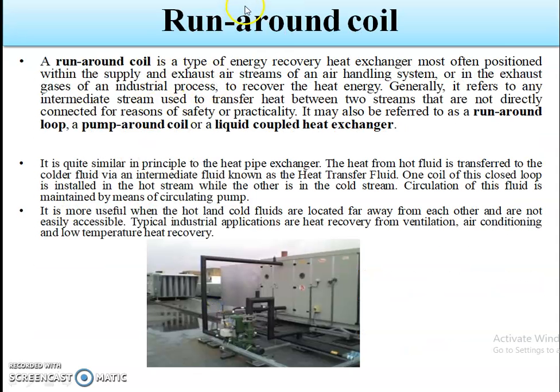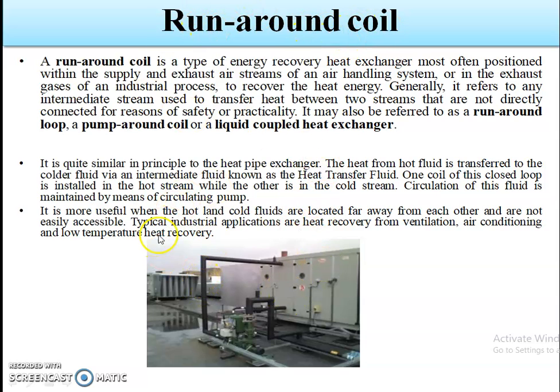In the next slide we discuss the run around coil. This is also one of the types of heat exchanger. This type of heat exchanger is used for multi-purpose buildings, because the panel boards operate at high temperature. We need to maintain the temperature of the panel board, so we use this type of run around coil.